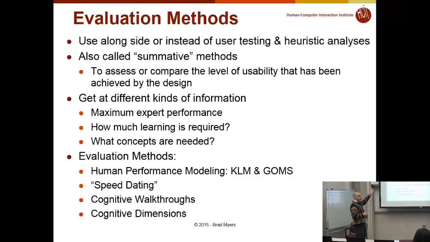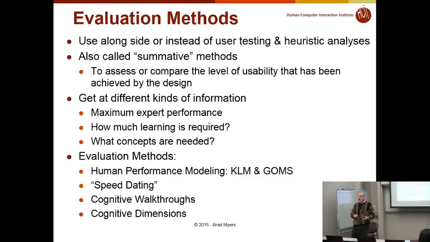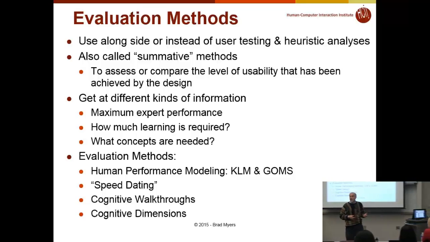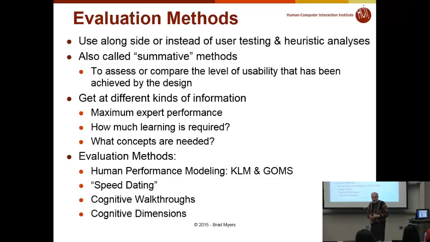Okay? But there's a variety of other methods. As you can imagine, doing user studies is a little expensive, and it's expensive both in time and also in organization, because you have to get your users there. Also, it's really hard to do a comprehensive evaluation of your whole interface if you have a big system.